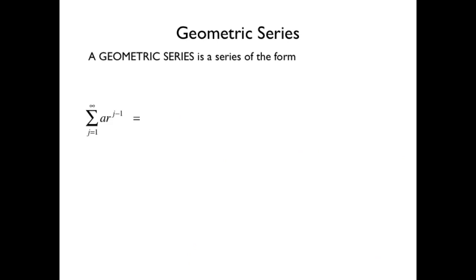The geometric series is of this form: a times r to the j minus 1. And so you see that, last time we said you see that, you think what? What does that mean?